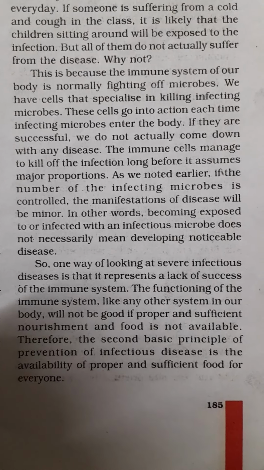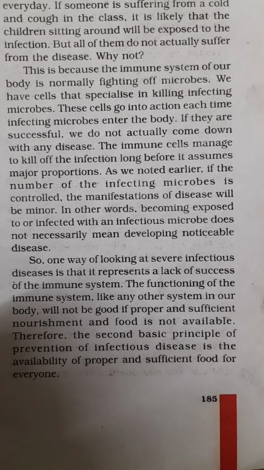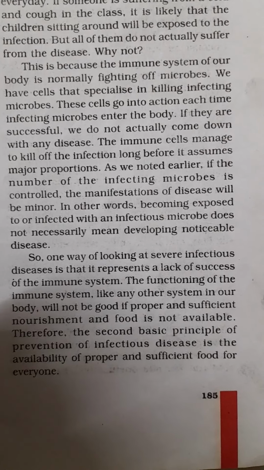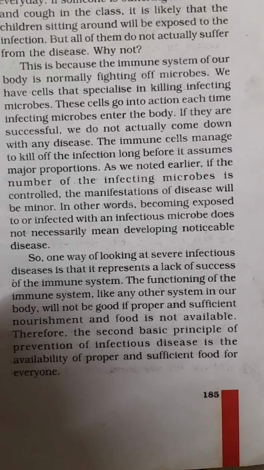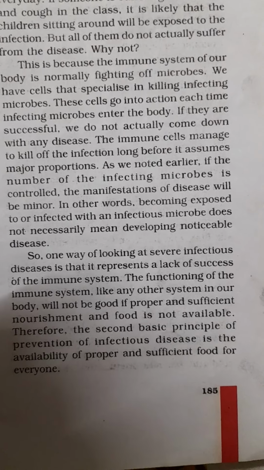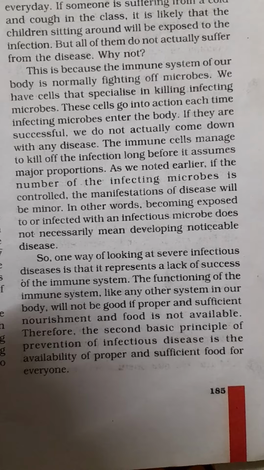One way of looking at severe infectious diseases is that it represents a lack of success of the immune system. So the immune system cannot function properly, and you might have heard some person in your family may have a weak immune system, which means that they are more susceptible to diseases.